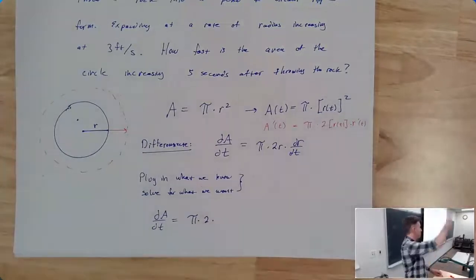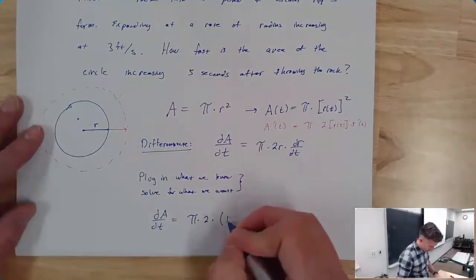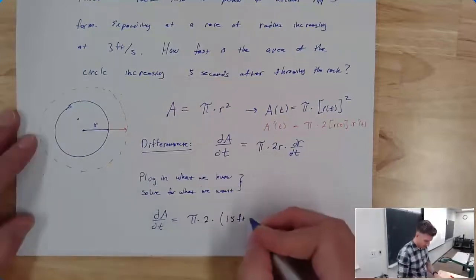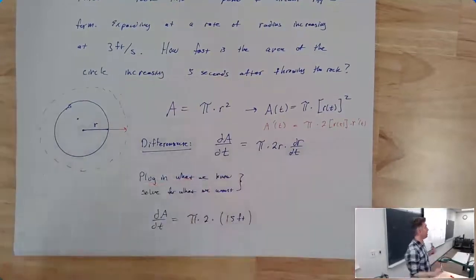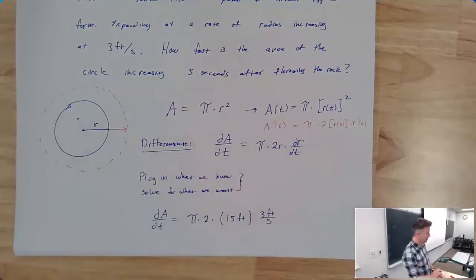So if I threw in the rock, 5 seconds later, well, if the radius is increasing at 3 feet per second, how big is the radius now? Right, it's 15 feet. Normally I wouldn't write the units, but I'm going to write the units here. And then dr dt is how fast the radius is increasing, which is 3 feet per second. And then we can multiply it all out.